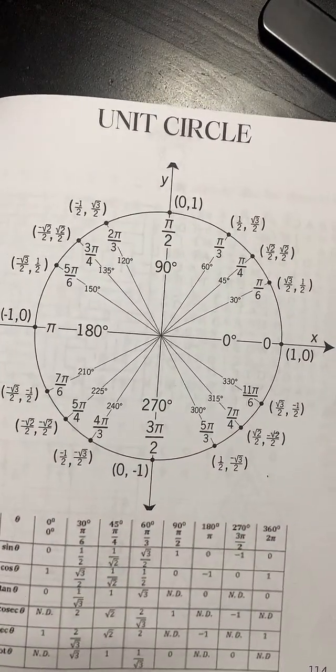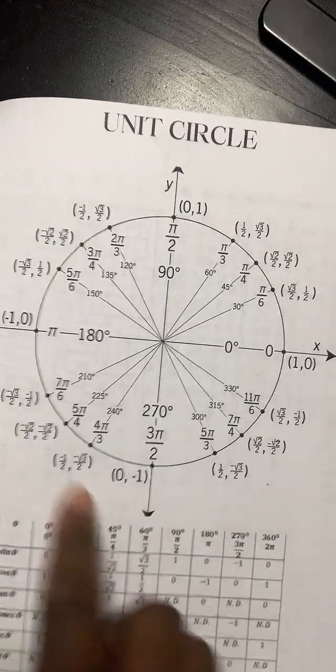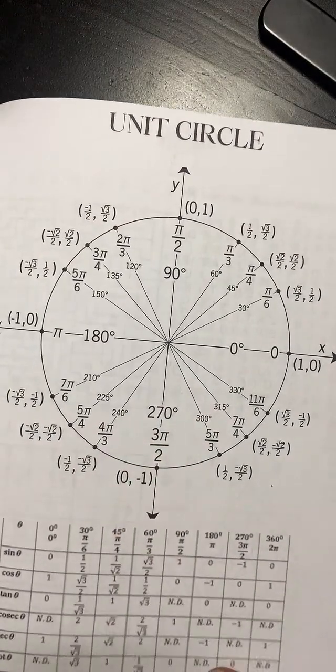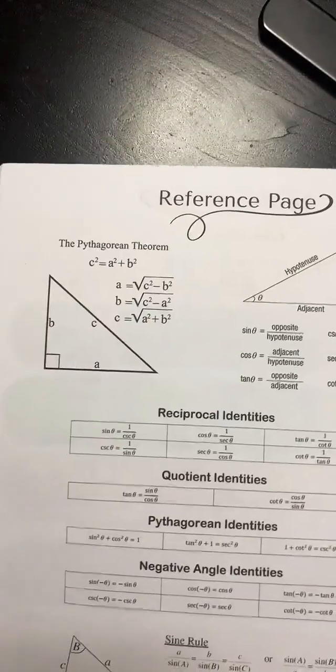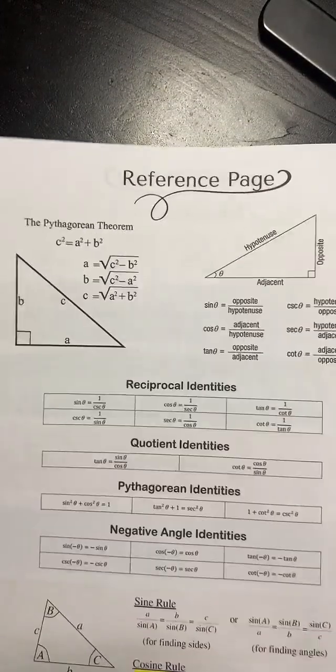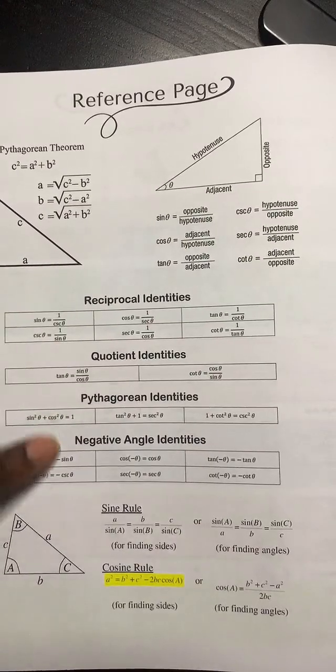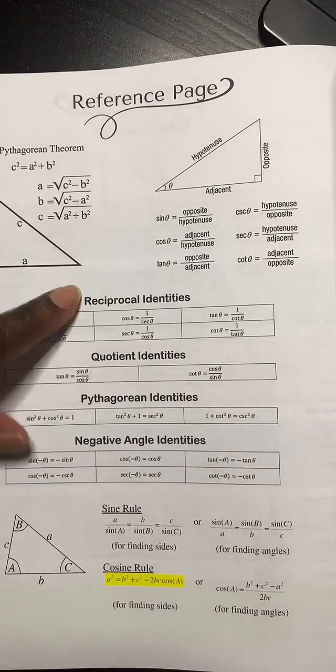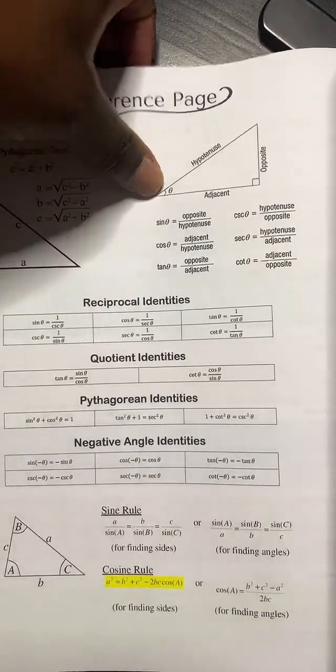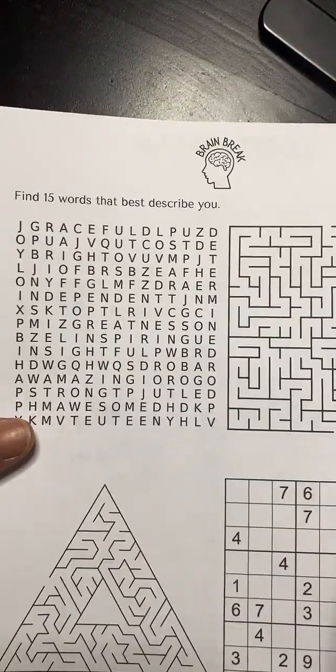Some people actually have a trig course, but sometimes they add trig inside of geometry, in addition to the Pythagorean theorem and also SOHCAHTOA and some of the identities. This is going to be mostly used for either trig or pre-calc, okay? So I tried to get a different range of it, and then also I tried to add in a little bit of a brain break, but overall, that's what it is.